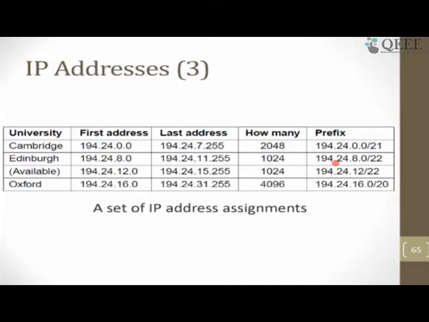And what is the prefix again? It is 194.24.0.0/21. Why 21? What is 2048? It is 2 to the power 11. So 2 to the power 11 addresses, and the prefix is 21. So 21 prefix and 11 address bits.